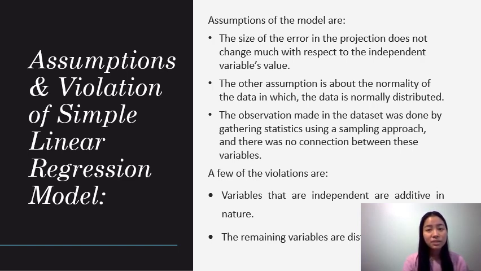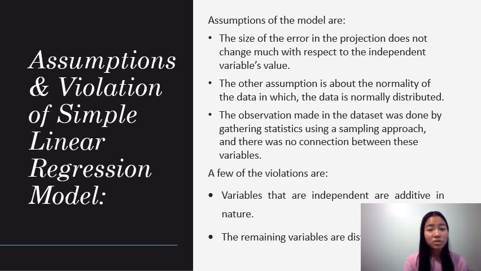I'm going to explain slide 9, which is related to the assumptions and violations of the simple linear regression model. Since simple linear regression follows a parametric test, some assumptions are made about the data. The size of the error in the prediction doesn't change much with respect to the independent variable's value.